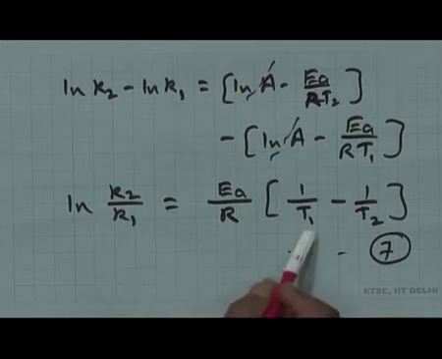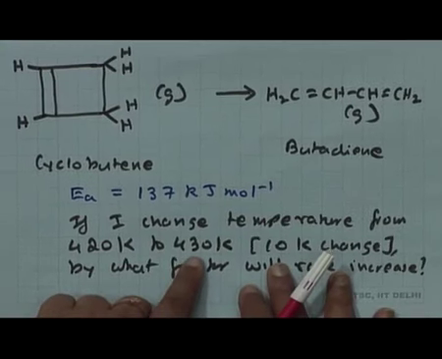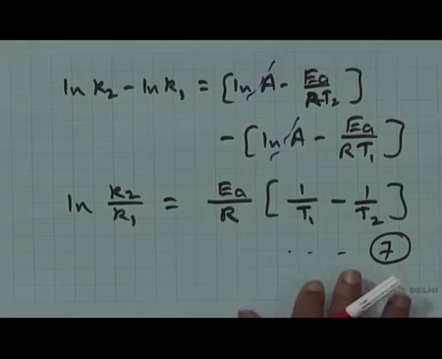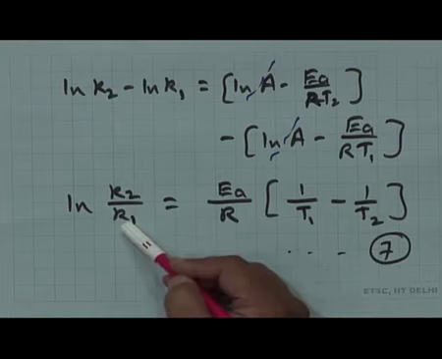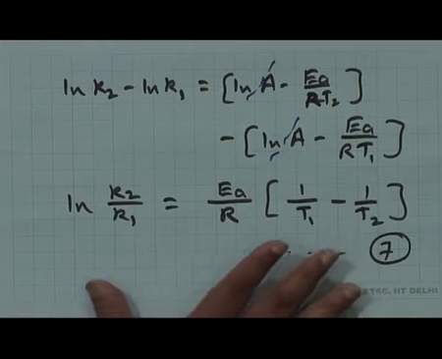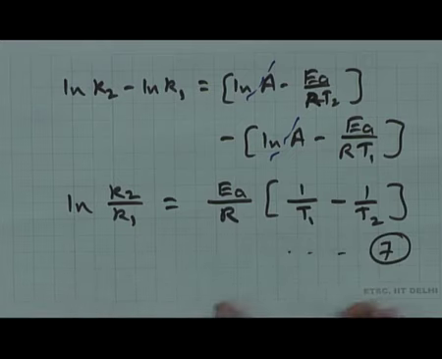Then we know what T1 and T2 are. T1 is 420 Kelvin and T2 is 430 Kelvin. Then what we need to find is the ratio K2 by K1, and that will tell you by what factor the rate has increased. So, let us take this equation as it is and plug in our values.